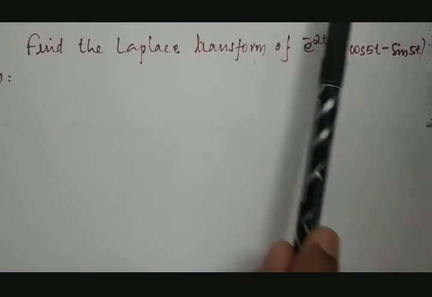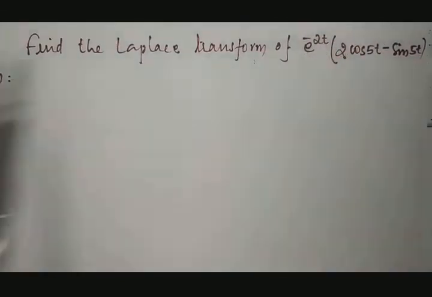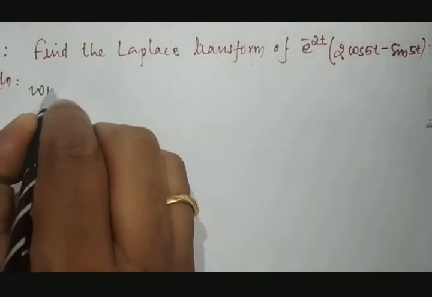But since this exponential is multiplied, then we have to think in a different way. What is that different way? Already we are having a shifting property. I'll write down that.